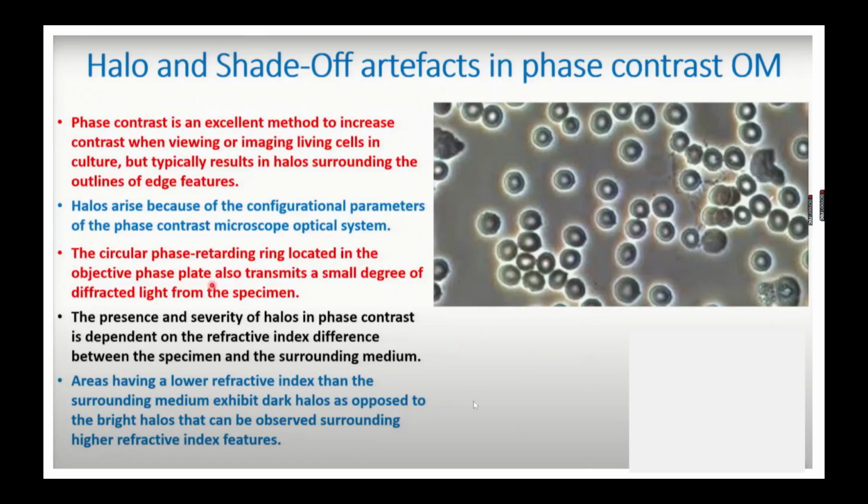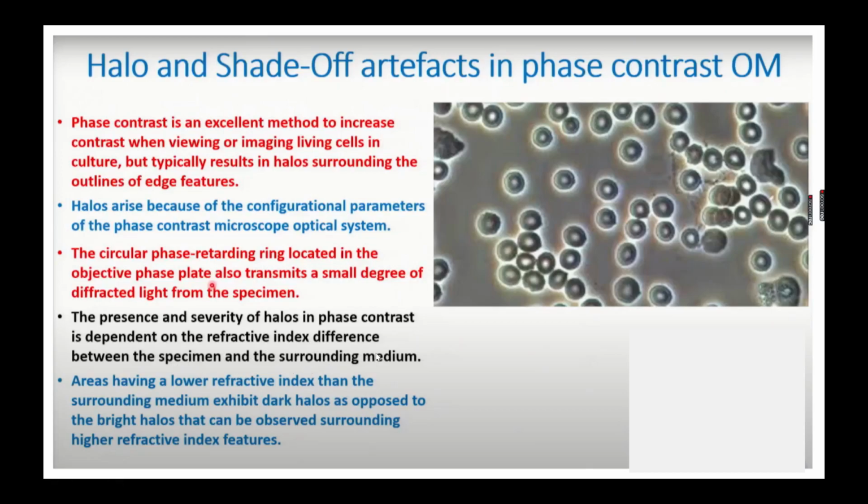Here also, when the light passes through the aperture or the path, some small degree of diffracted light from the specimen also comes, and that gives this halo formation. The presence and severity of the halos in phase contrast depend on the refractive index difference between the specimen and the surrounding medium.